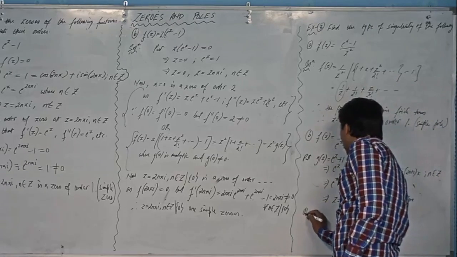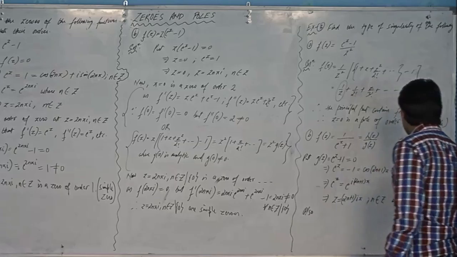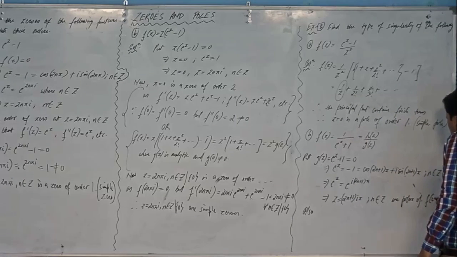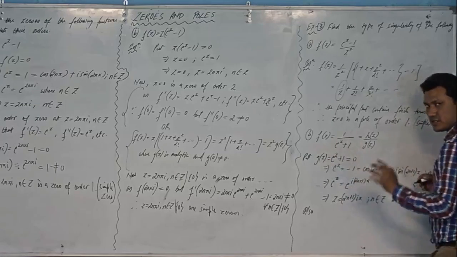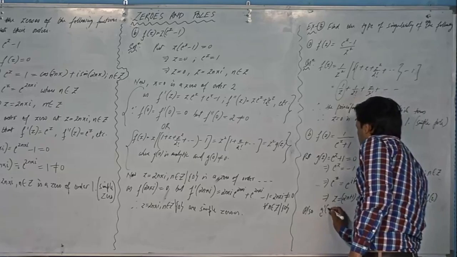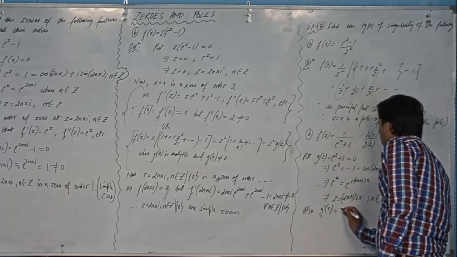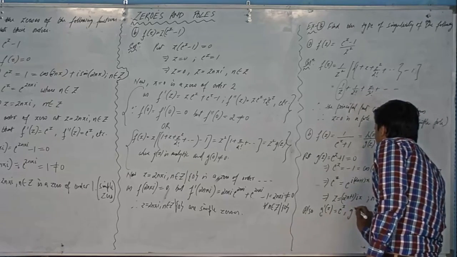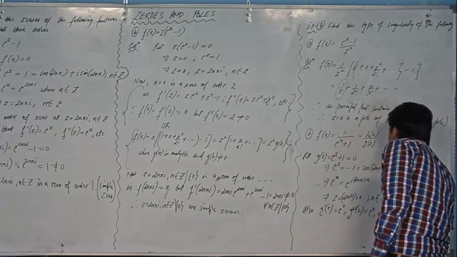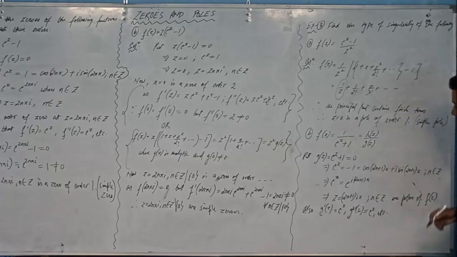Also, these are poles of this f(z), however these are zeros of g(z), right? So also doing differentiation, g dash z will be e to the power z, and g double dash will automatically be equal to e to the power z, etc., right?